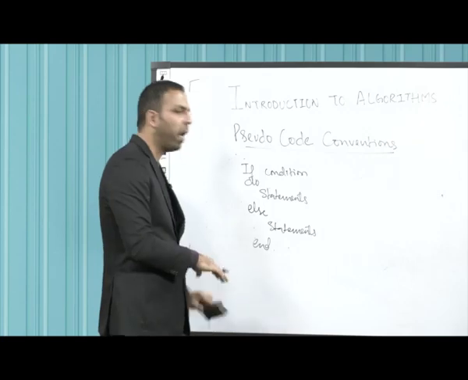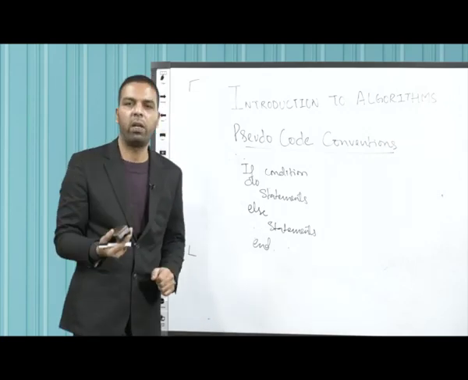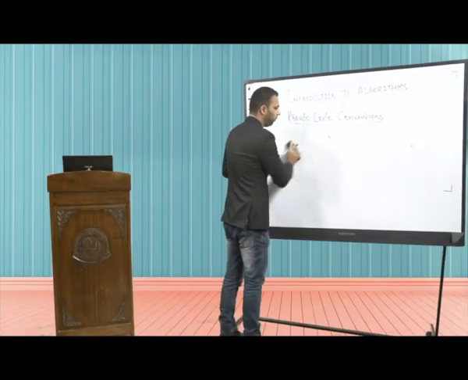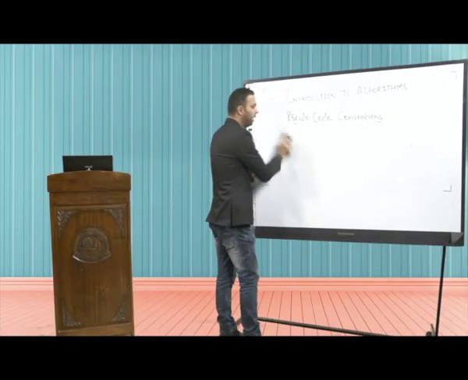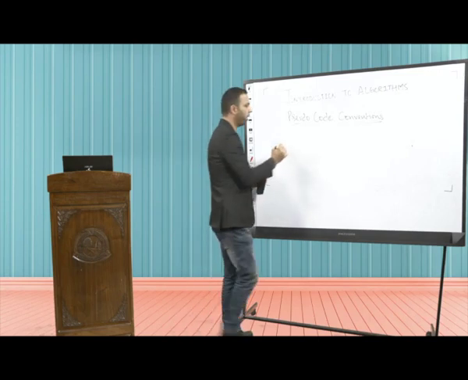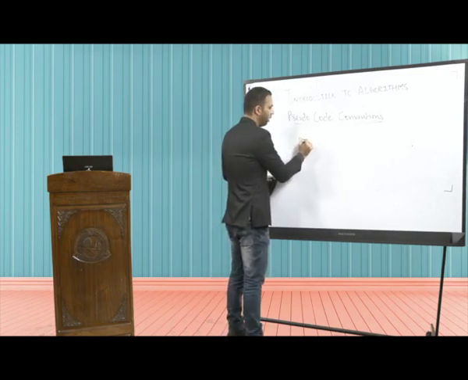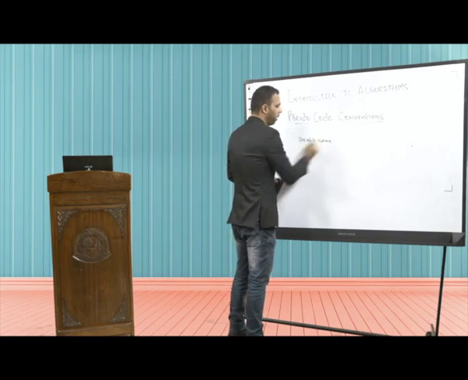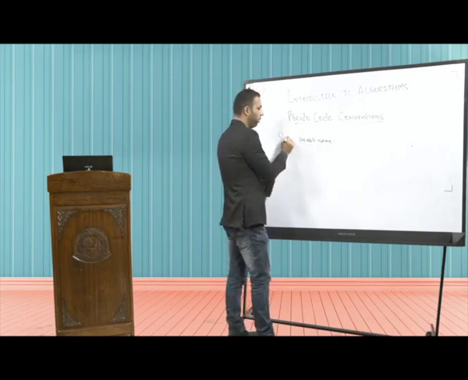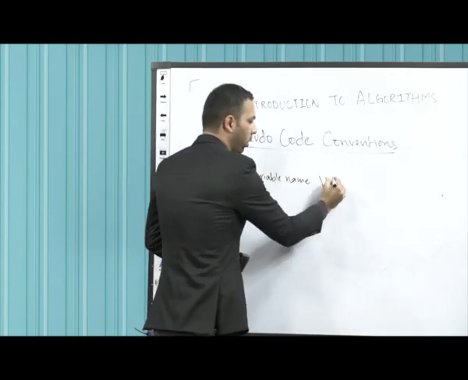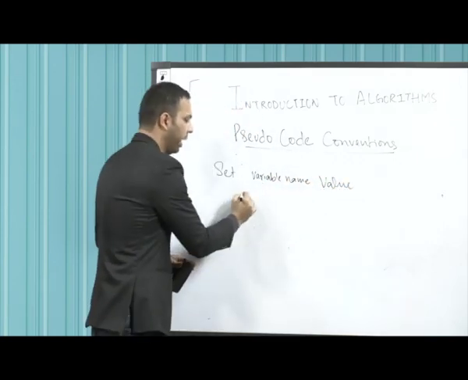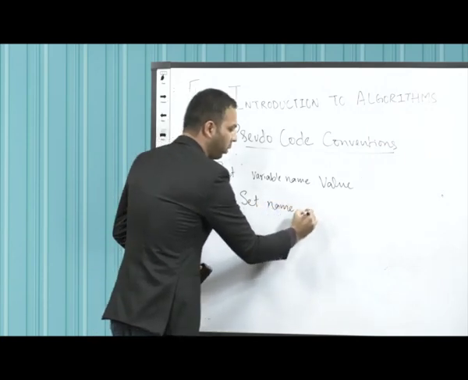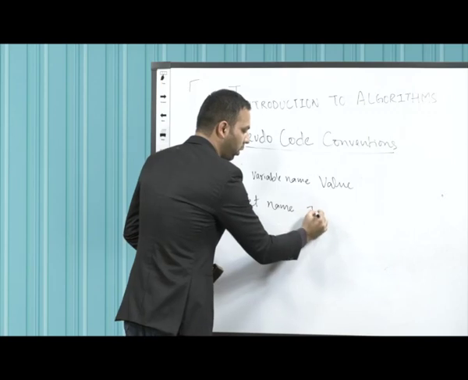So if you have to assign a value to a variable, I'll give you an example. You can write set, variable name, and value. What does that mean? You can write set name, John.